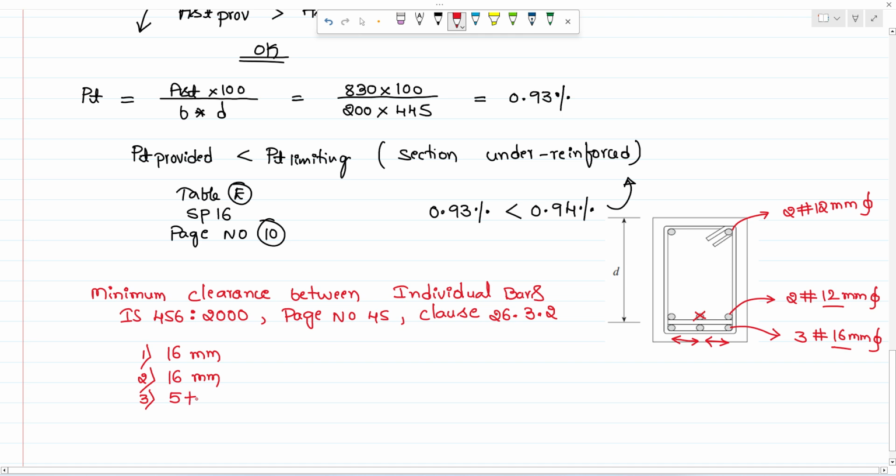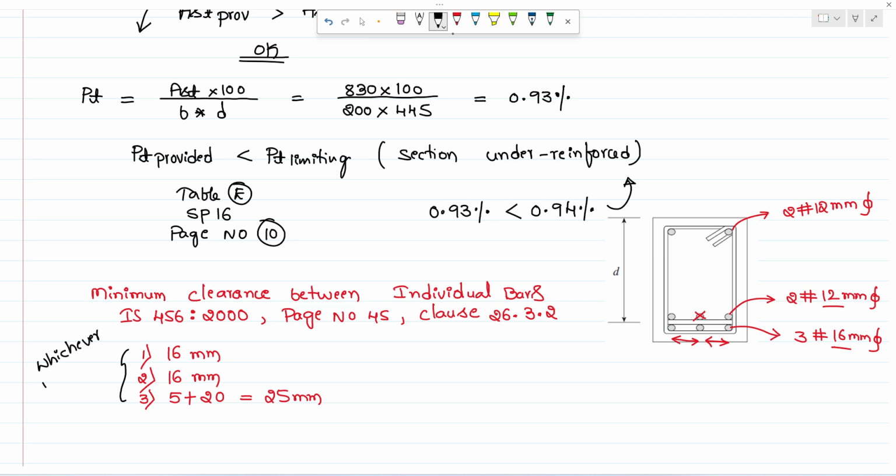So 5 plus, so coarse aggregate size is 20 mm. So it will be 25 mm. So you have 3 criteria. So out of 3 you need to provide whichever is greater.